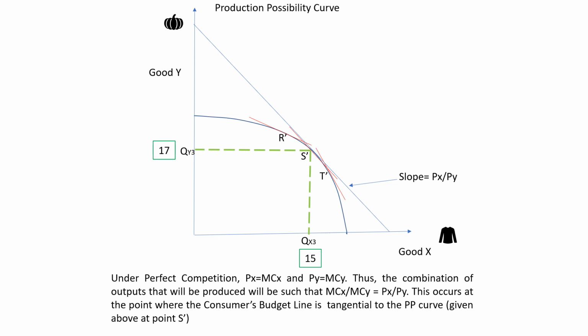Now we have the familiar production possibility curve that we had begun with, that we had finally arrived at with regard to the general equilibrium of production. And what we know is that there will be one particular combination that will eventually be produced in the marketplace.